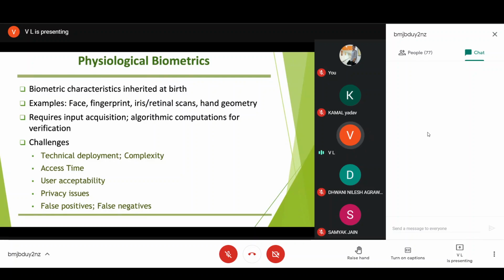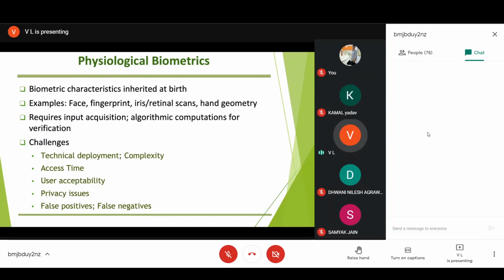What we mean by a false positive is that an unauthorized user is recognized as a correct, genuine user, or an authorized user may be denied access. Depending upon the application, in some applications false positives are not at all acceptable, for example, military applications.